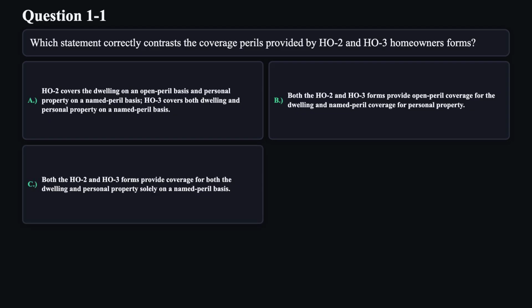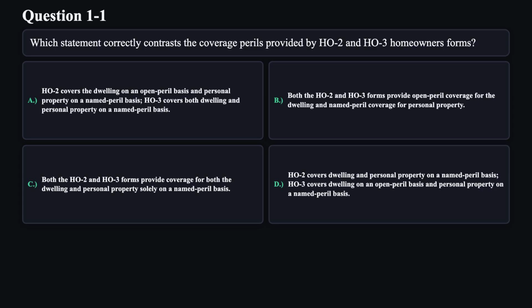C. Both the HO2 and HO3 forms provide coverage for both the dwelling and personal property solely on a named peril basis. D. HO2 covers dwelling and personal property on a named peril basis. HO3 covers dwelling on an open peril basis and personal property on a named peril basis.